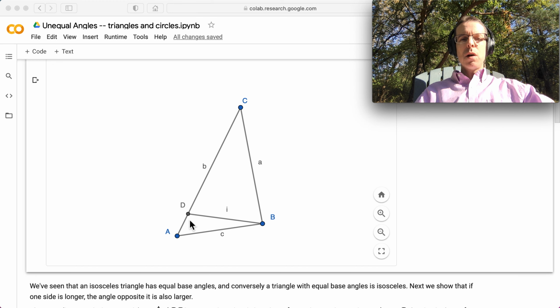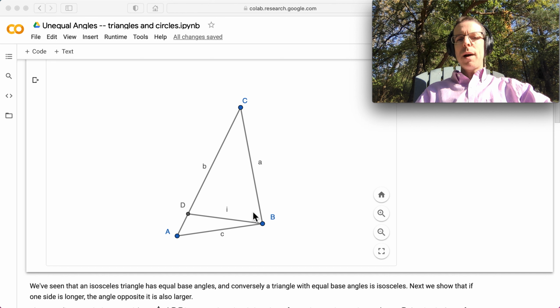But also this angle here is supplementary to this angle, CDB, and so ADB plus CDB sums to 180. If these three angles sum to 180, but also these two angles sum to 180, then this angle A must be smaller than this angle. And that tells us that angle A is smaller than the base angle of the isosceles triangle, namely CDB.